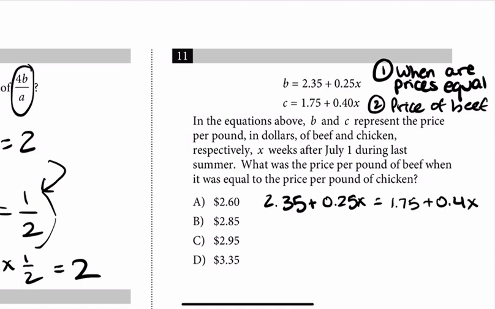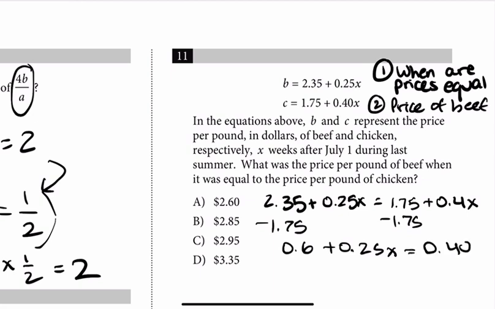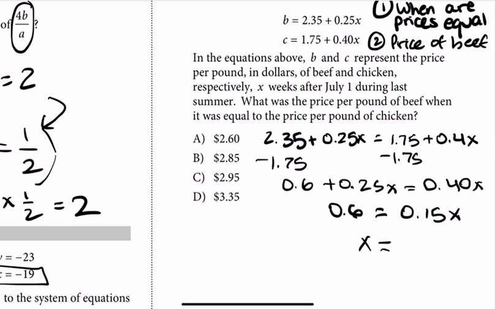Okay, so I'm just going to start solving for x. 1.75, that's going to tell me that 0.6 plus 0.25x equals 4.40x. And then this means that 0.6 equals 0.15x. And when I solve for x, I'm dividing 0.6 by 0.15, and that's going to give me x equals 4.